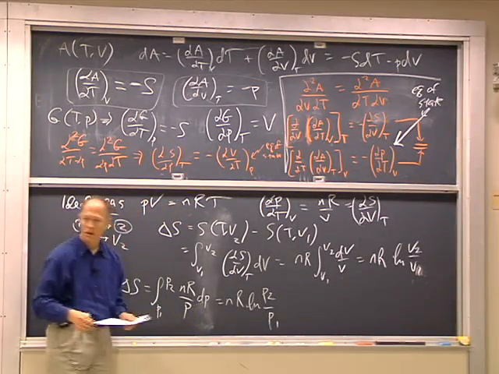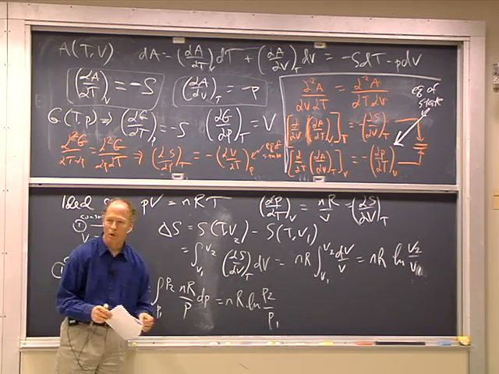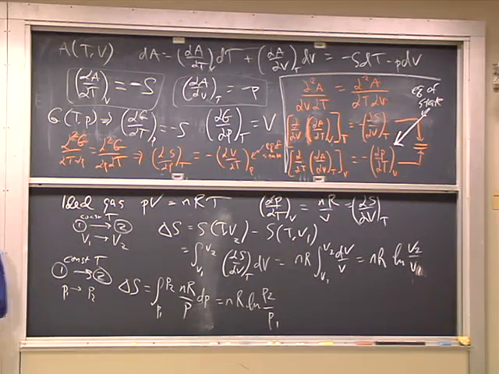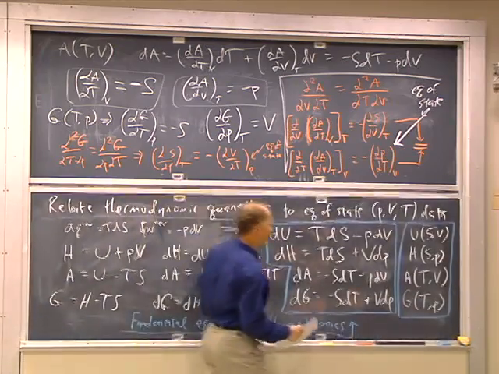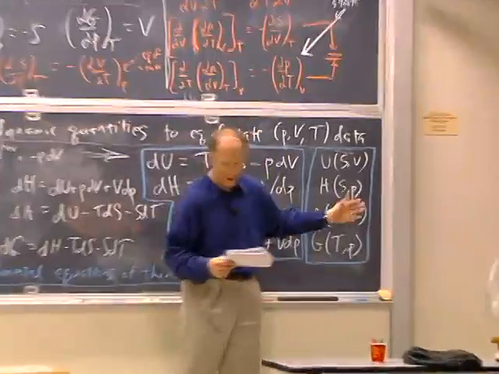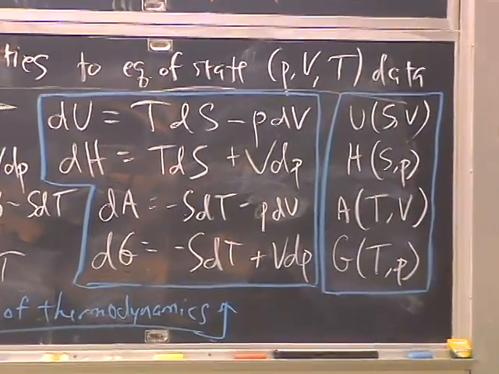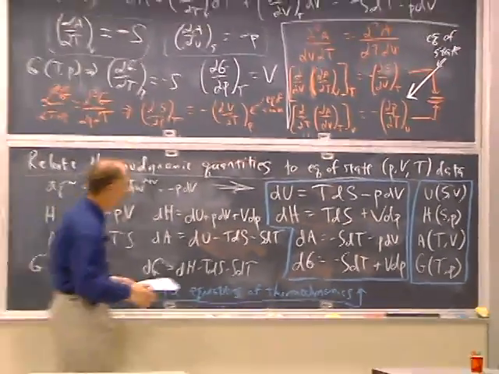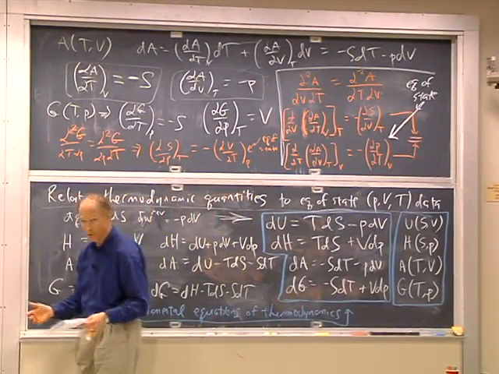Okay. Now let's go back to our older friends U and H, which we've expressed now in terms of S and V, S and P. So far, we don't have a way to just relate them to equation of state data, which also would be very useful.